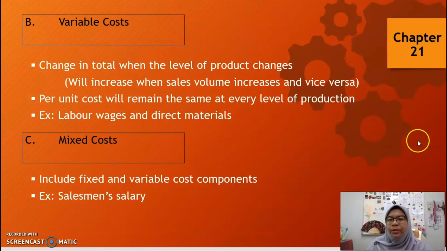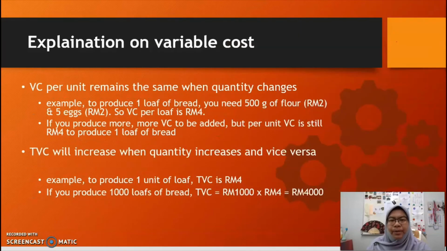So now we go to the explanation of the variable cost. Be careful whether you're talking about the variable cost per unit or the total variable cost. When you're talking about the variable cost per unit, it remains the same when quantity changes.